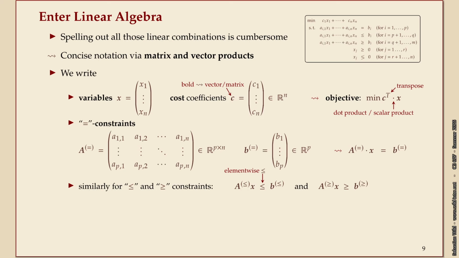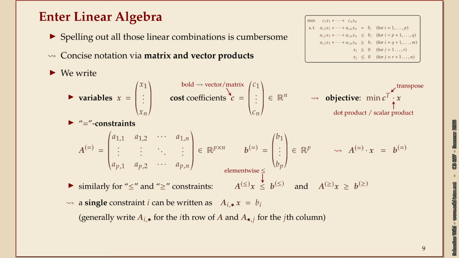Okay, so that's how we can express the constraints. If we want to talk about a single constraint, you basically have to take a row of the coefficient matrix. And the notation I'm going to use for that is just put a bullet where there's the don't care dimension of the matrix. So i is the ith row, but then the columns, I'm saying take all of them.